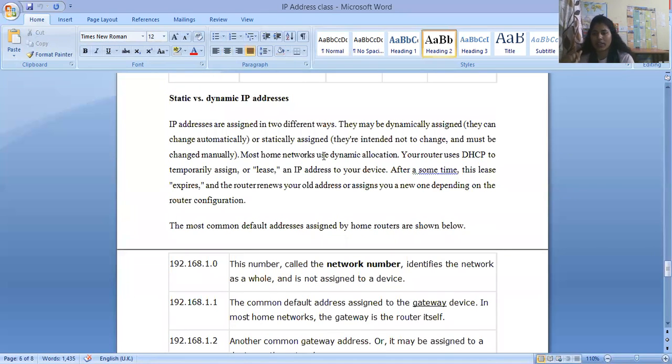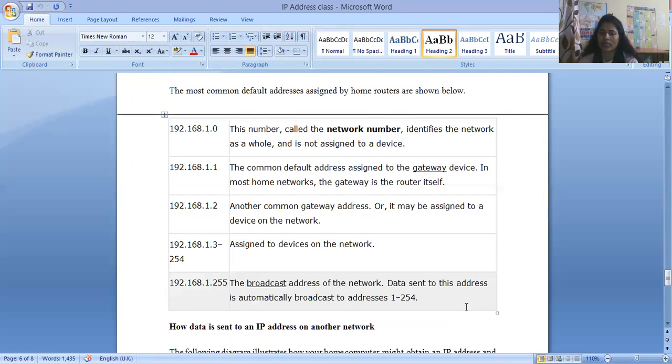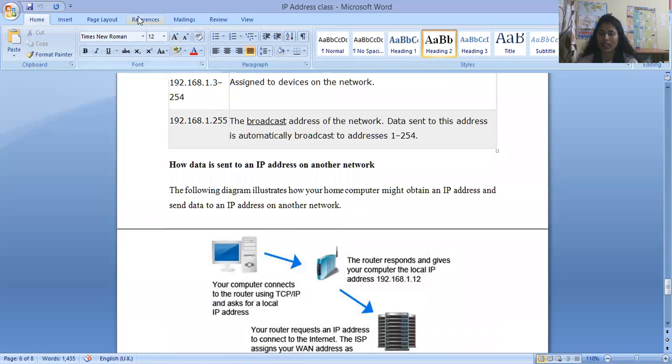They may be dynamically assigned, so they can change automatically, or statically assigned. Most networks use dynamic assignment. Your router uses DHCP to temporarily assign and lease the IP address to your device. After some time the lease is released, and the router assigns your older address to a new device, depending on the router.